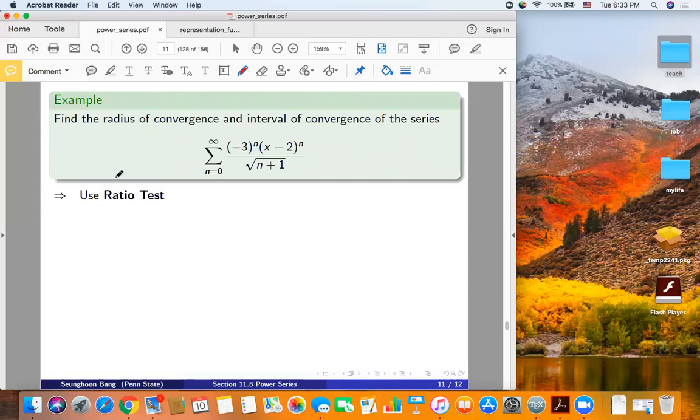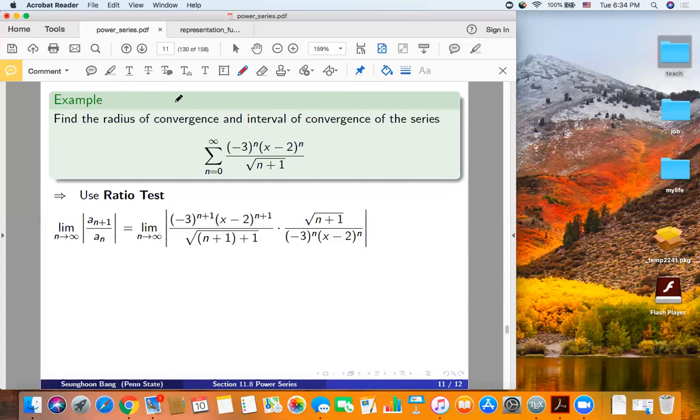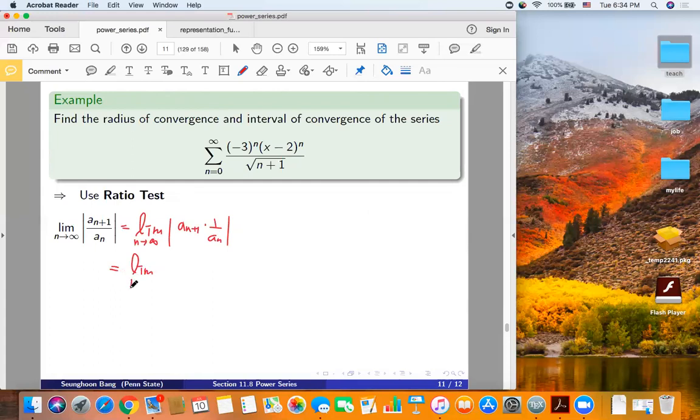When you use the ratio test, the terms have a constant to the power n or a factorial form. Use the ratio test: the limit of the absolute value of a_(n+1) over a_n. This is the same as the limit as n approaches infinity of the absolute value of a_(n+1) times 1 over a_n.